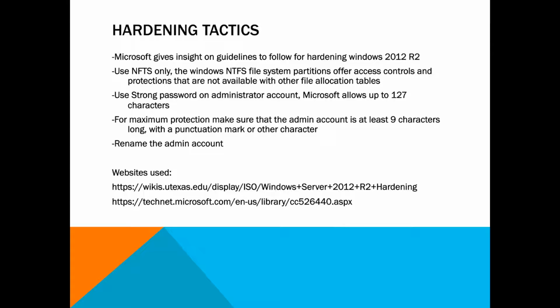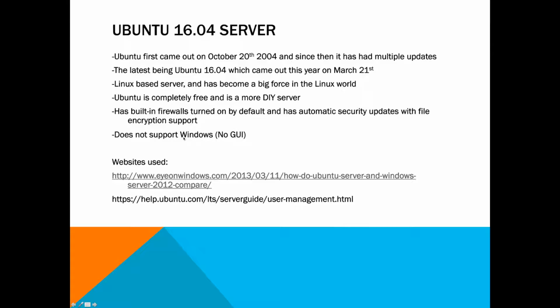So basically, it's to make the hacker think that's the admin account, but really it's not. So you'd rename the admin account, change the password, make it stronger, and then you would have 2 admin accounts, but the hacker wouldn't know which one to go to, which is pretty cool. And then also at the bottom here are the websites I grabbed this information from.